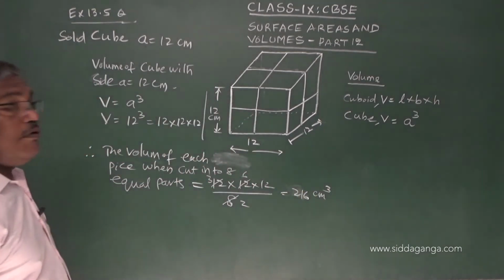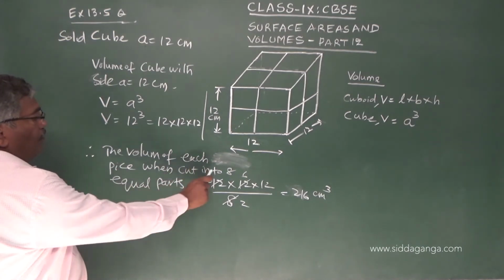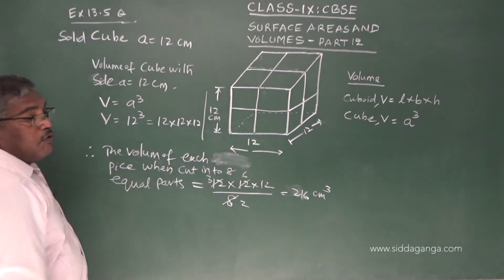So this is the volume of each small block when it is converted into 8 parts.